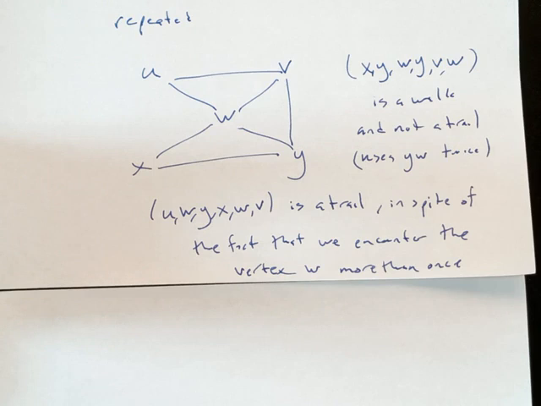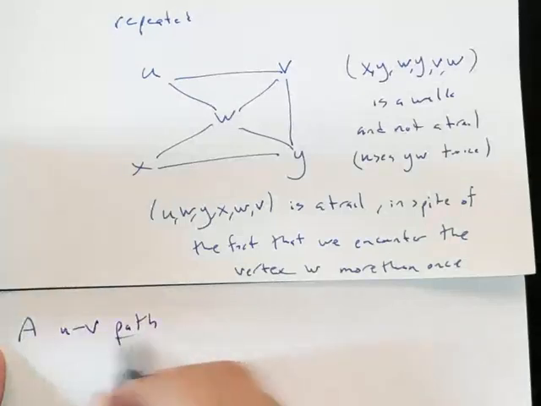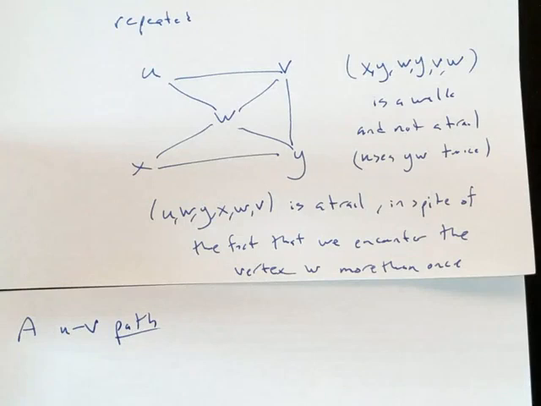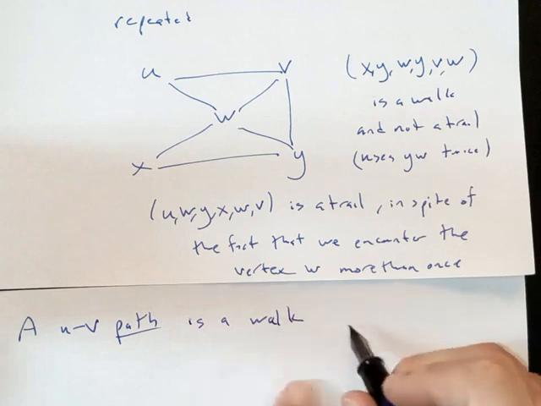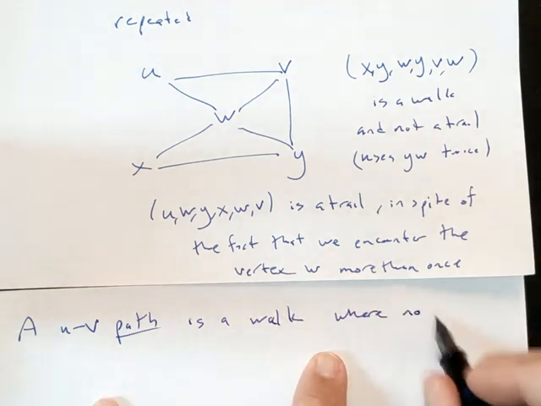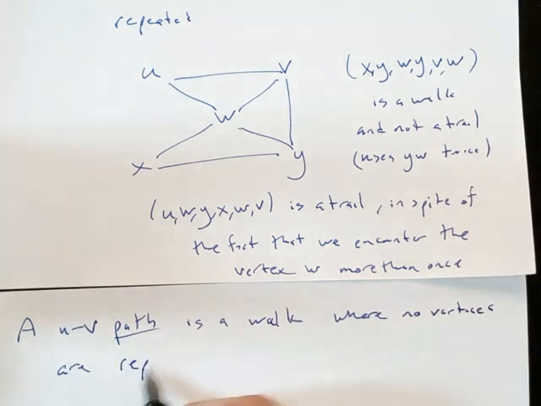Well, then, what if I don't want to repeat vertices? Well, we'll call that a path.